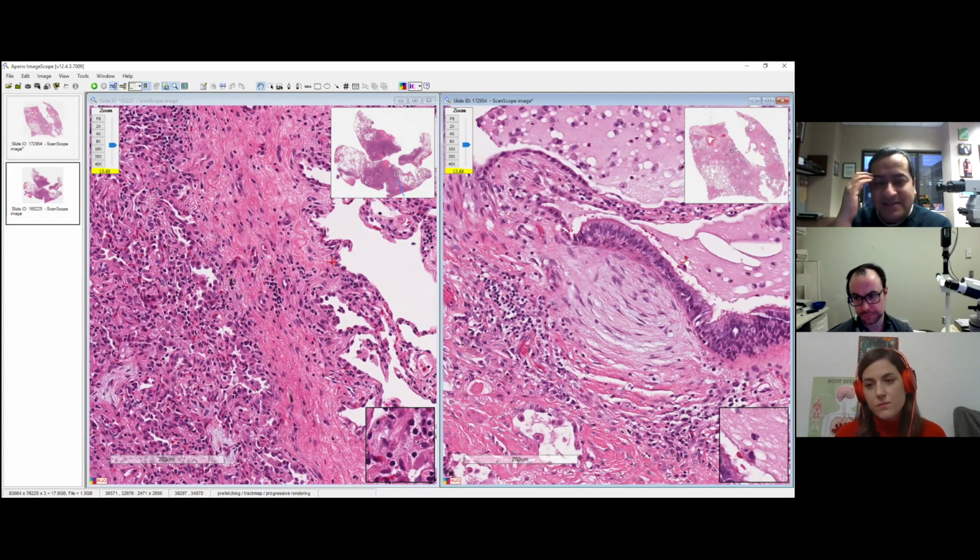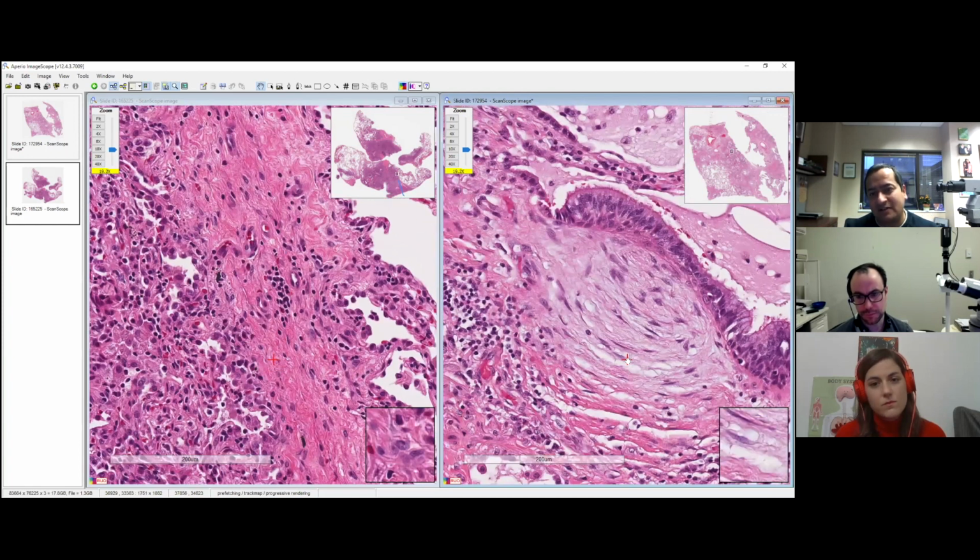I think in UIP it's actually easier to tell where the interstitium and air space is. In OP it's harder to tell what exactly is airspace and what is interstitium. But if you had a fibroblast plug like this one, I don't think anybody would find it difficult, right? I mean, this is classic. Just like you said, Irene, dome shaped on one side, and then no inflammatory cells, and purely in the interstitium.